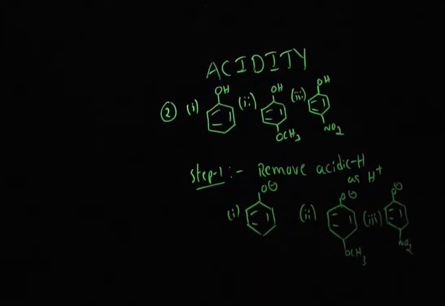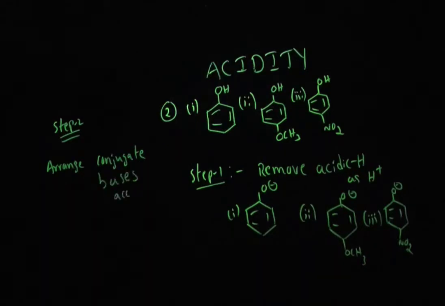So let's discuss step 2. Step 2 is all about arranging the conjugate bases according to stability. We know how to arrange negative charge stability order.